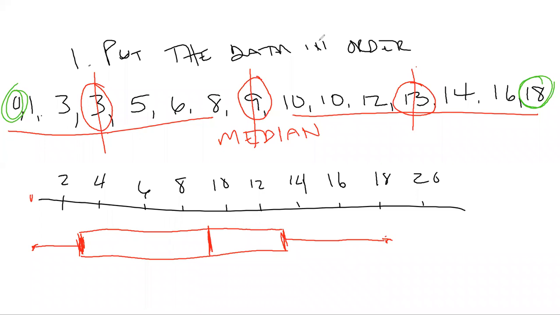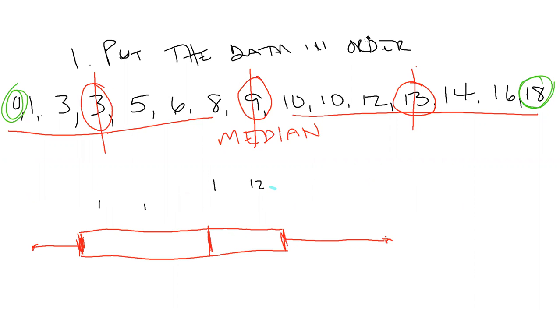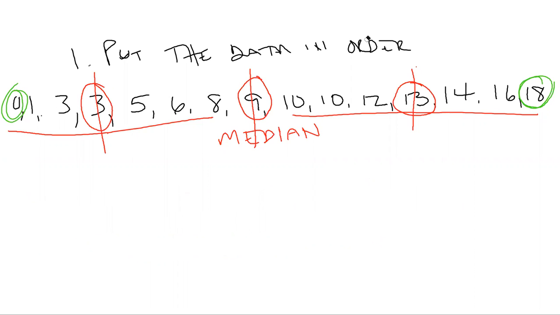I'm going to use a different color for this. Let me get rid of our number line, our numbers, and our box and whisker plot for a second, because I need to do some things. That number right there is called the lower extreme, or the least value.